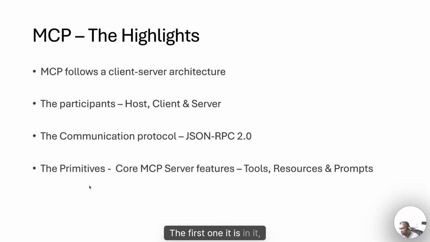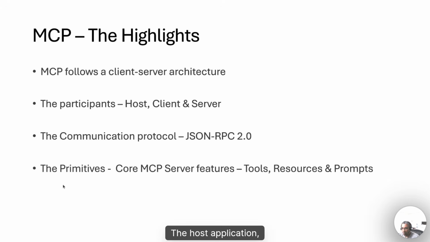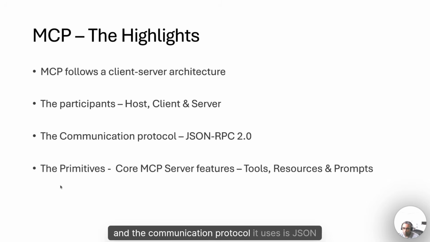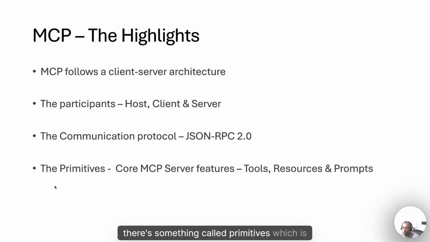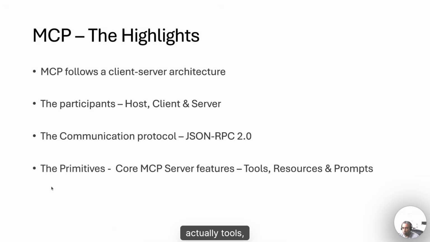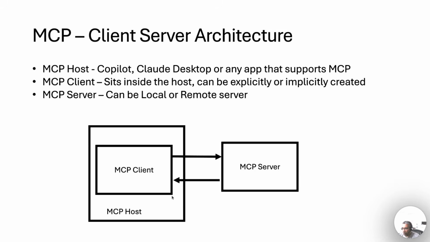The first one is that it follows the client server architecture, and there are three participants in this: the host application, MCP client, and the server. The communication protocol it uses is JSON RPC 2, and there are primitives, which are tools, resources, and prompts. So let's look at these four items in detail now.